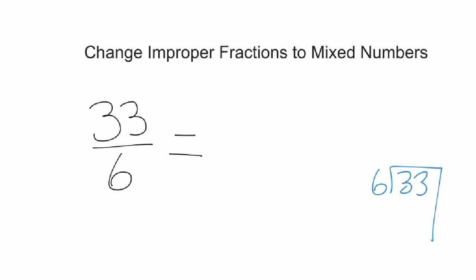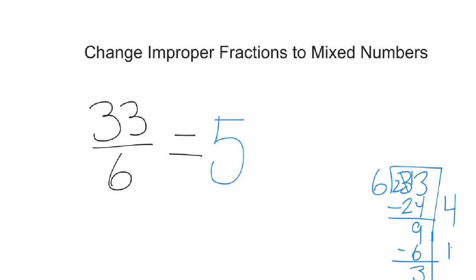I know 6 times 4 is 24, leaving me with still 9, and 6 times 1 is 6, leaving me with 3. So I have an answer of 5 3/6, which is the same as 5 1/2. So this is our way of taking our improper fractions and changing them back to mixed numbers.